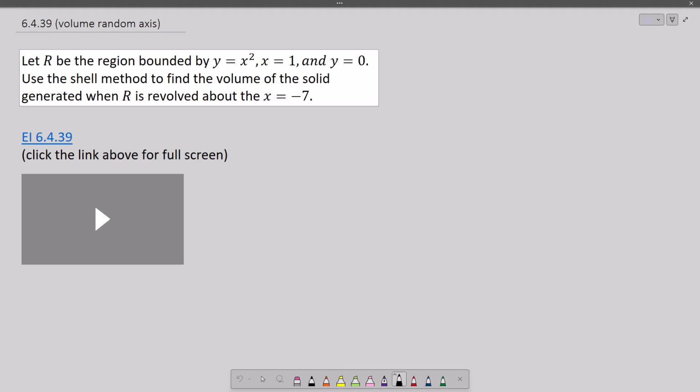So we're going to have y equals x squared, x equals 1, y equals 0. So y equals x squared. X equals 1 is a line at 1, so something like that. Let's just get a sense of what the shape is first. Y equals 0, that's going to be this direction.